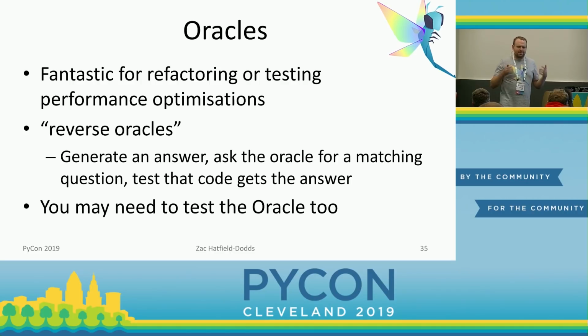Factorizing a number is actually really hard for large numbers. That's kind of how a lot of cryptography works. But one way you could test this is actually to generate a list of factors, multiply them together, and then test that your factorizing function gets those original factors back. So start with an answer and then look for the question.